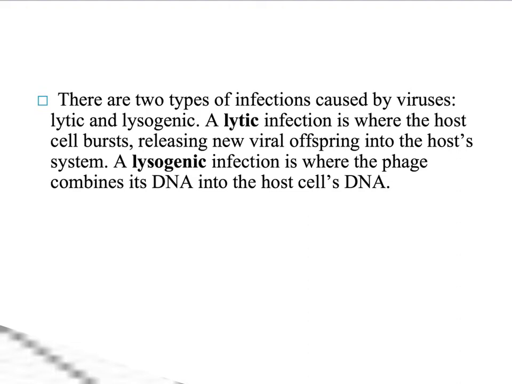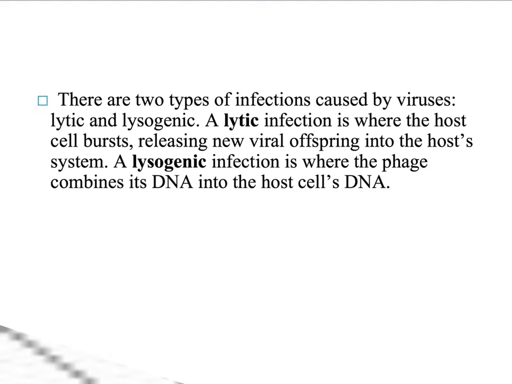Now we can get two types of infections from a virus. So, a virus would be something like when you get an upper respiratory infection, or you have a cold. Those are caused by viruses. So there's two types of these viral infections. One is called a lytic infection. So this is when the cell that has been infected, or cells, eventually burst.